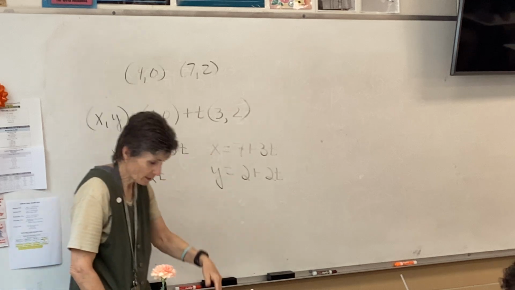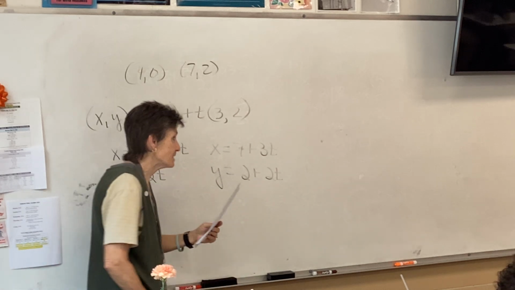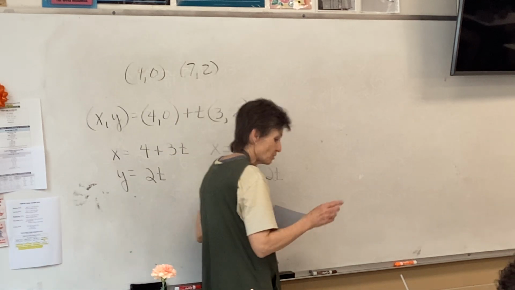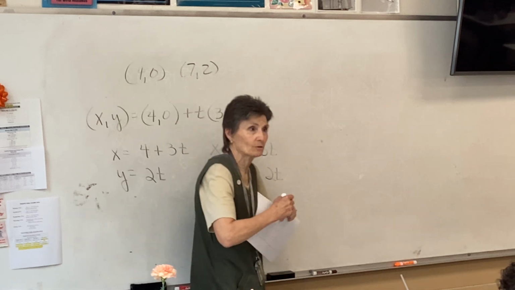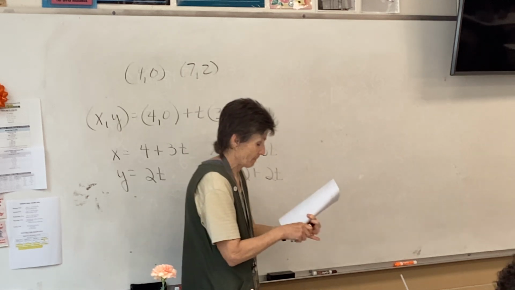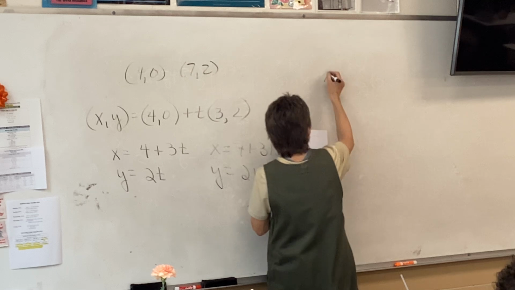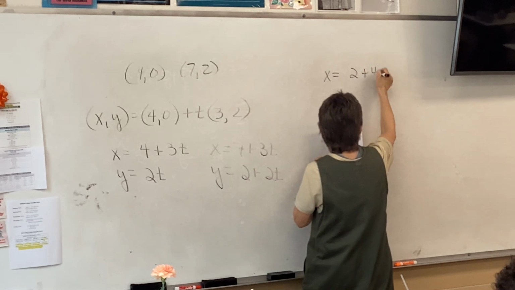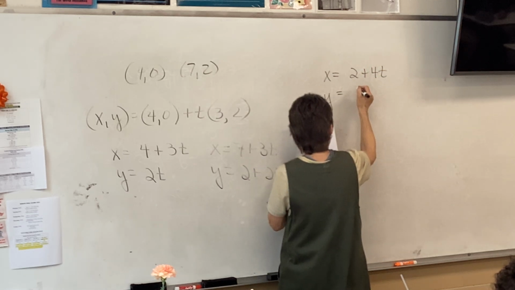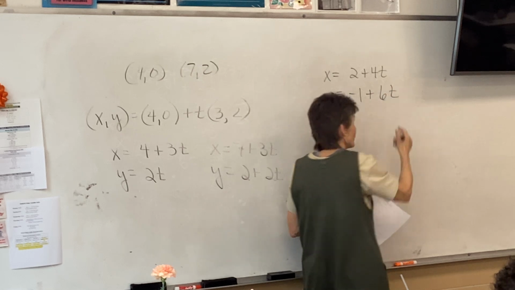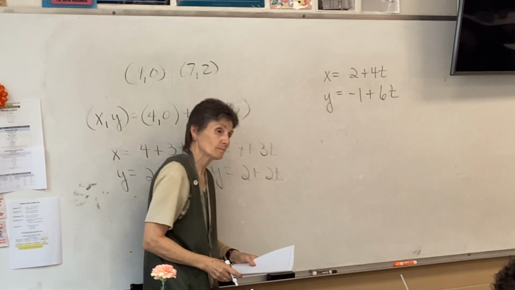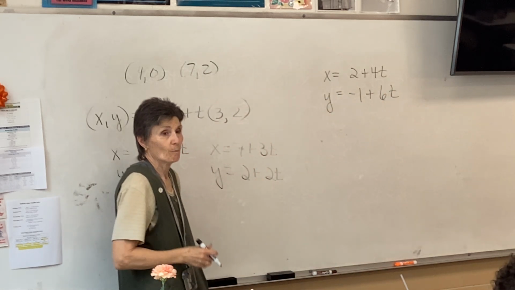All right? Okay. Write the Cartesian form. Now the Cartesian form is your regular line. If you know the parametrics are 2 plus 4t and -1 plus 6t, in other words, can you go backwards?